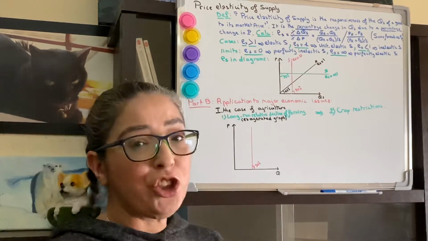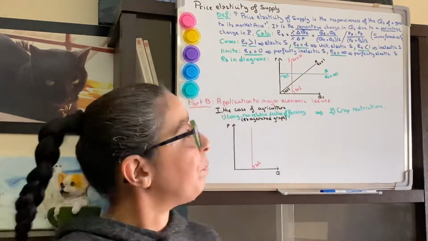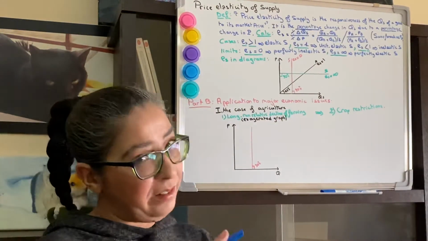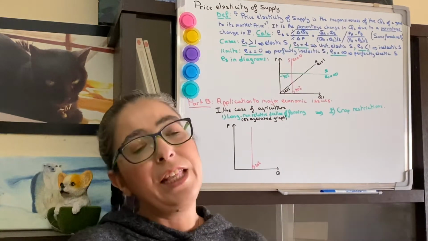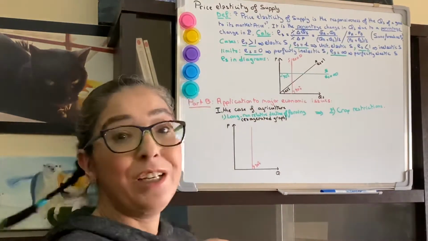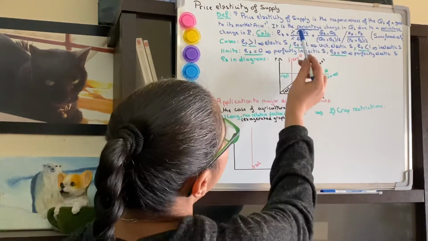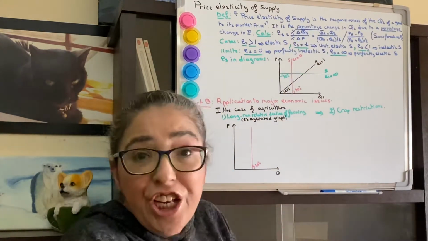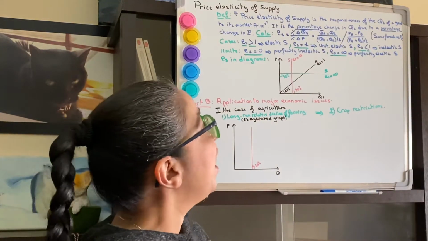So it is the percentage change in QS due to a percentage change in P, the price of the good. The calculation is exactly the same as for the demand, except that we don't need the absolute value, because the result is going to be positive, because the supply slope is positive. So ES is percentage delta QS over percentage delta P, percentage change in quantity supplied over percentage change in price.